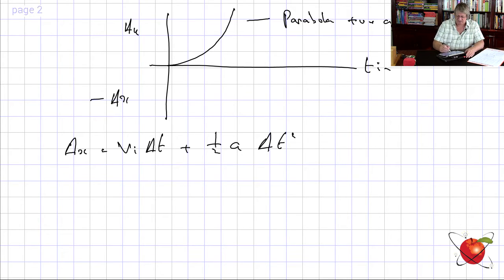Can you see that this here, let me just highlight it maybe in green. This is a parabolic curve, isn't it? It's a parabola, all right? So the acceleration, right, is the coefficient of the squared term. So in this case, we are moving with a positive acceleration, all right, in the positive direction, all right?